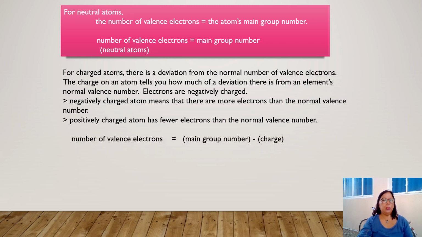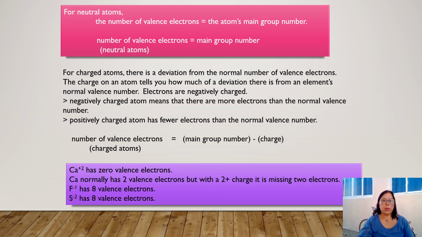So, if we're going to lay this into an equation, the number of valence electrons is equal to the main group number minus the charge. Calcium belongs to group 2. As a cation that is plus 2, it has 0 valence electrons.